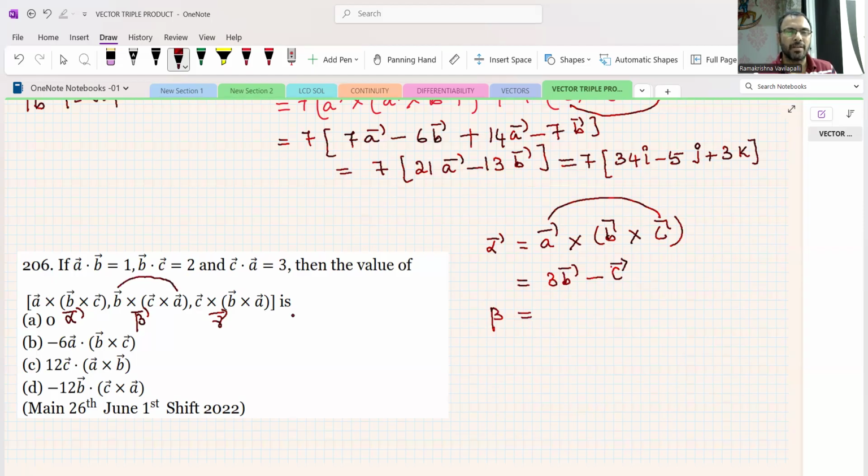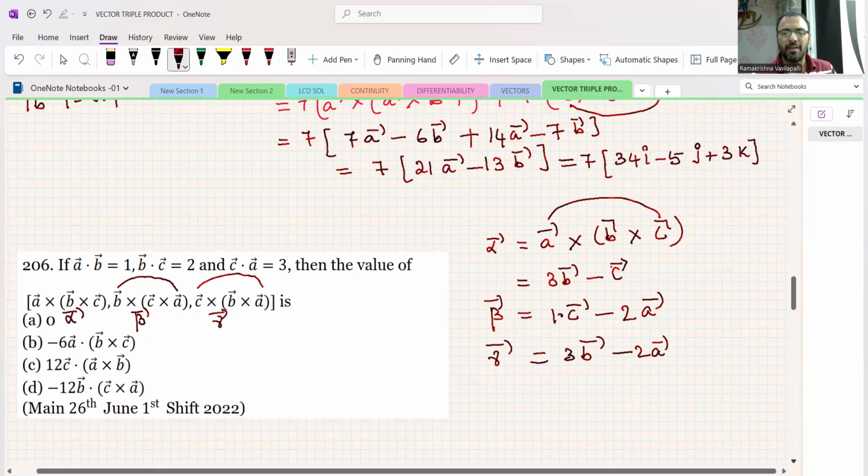B bar dot A bar is 1. So 1 into C bar minus B bar dot C bar is nothing but 2, that is 2A bar. And gamma bar equal to C bar dot A bar, nothing but 3B bar minus C bar dot B bar is nothing but 2A bar.